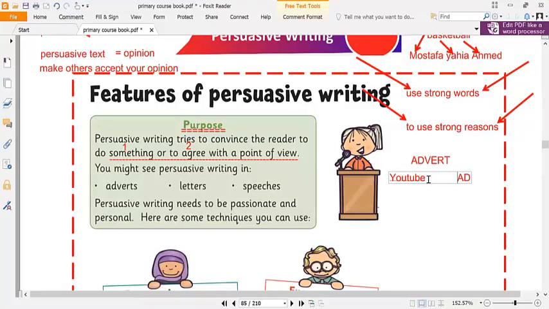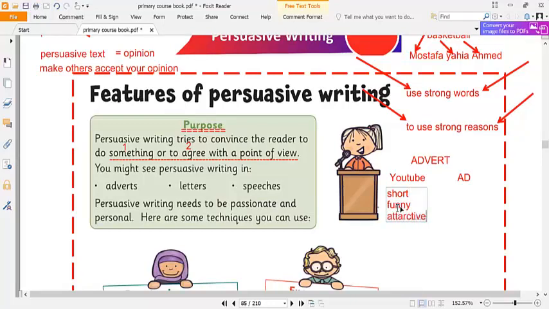So the features of adverts that appear when you watch videos on YouTube, how can you describe them? Number one, they are very short, right? And maybe very funny, maybe attractive.